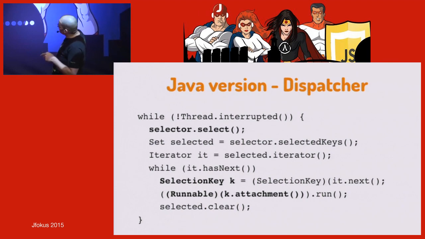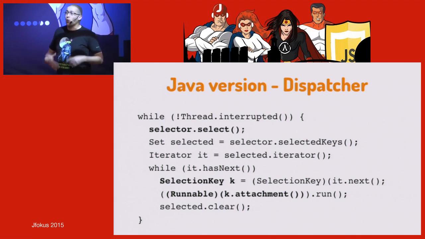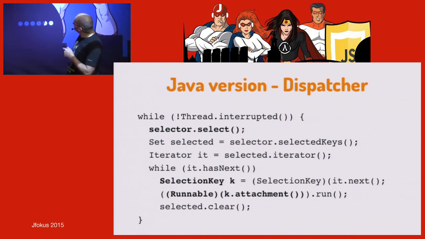So it loops forever and waits for any kind of event. This is a blocking operation. It sits and waits until any kind of event comes in. Once there is an event coming in, then we need to select who is going to take care of it. Okay, so here we got the selected keys, and we check what's the correct selection key is.